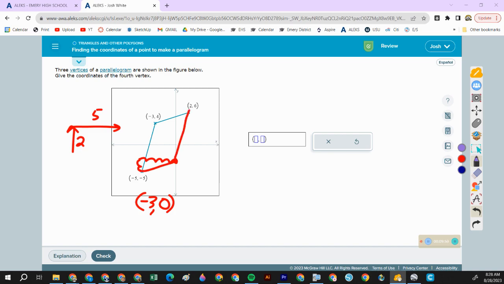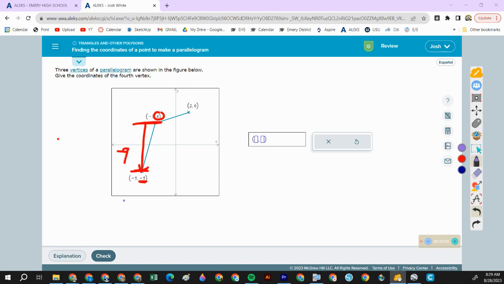And there's my parallelogram. We could have used the other side. We could have said, how far is it from -5 to 4? I guess we want to go the other way, from 4 to negative 5. That's a drop of 9, right? So from here to here is negative 9. How far is it from here to here?